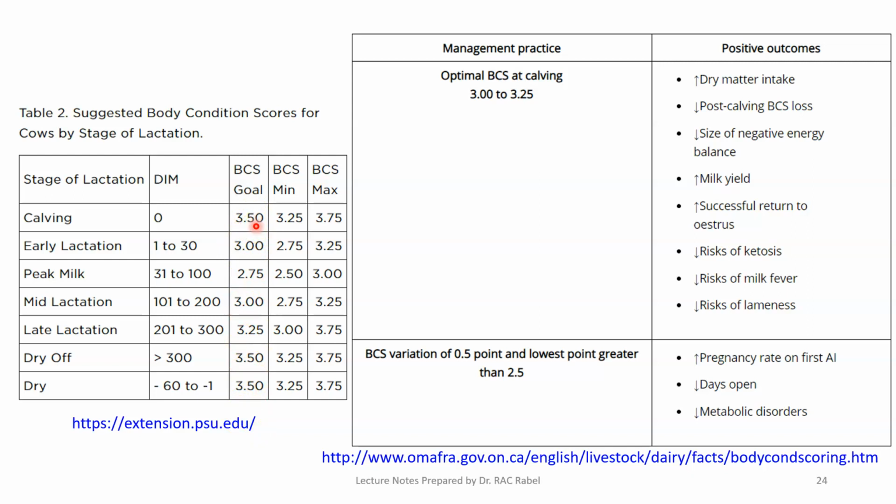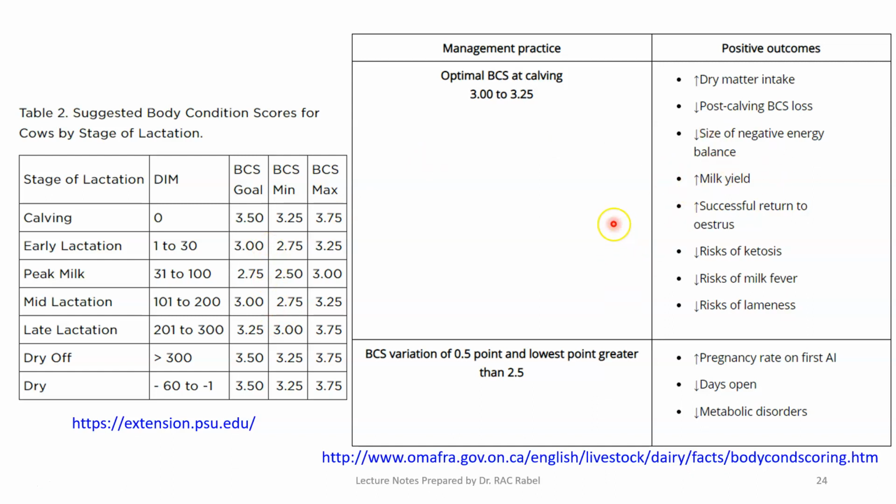I might ask you what is the lowest body condition score you can expect during peak milk production, and so on. You have to have an idea when they regain the 3.5 or 3.25 back, when they have the lowest body condition score, and what is the best time period for regaining lost body condition score.